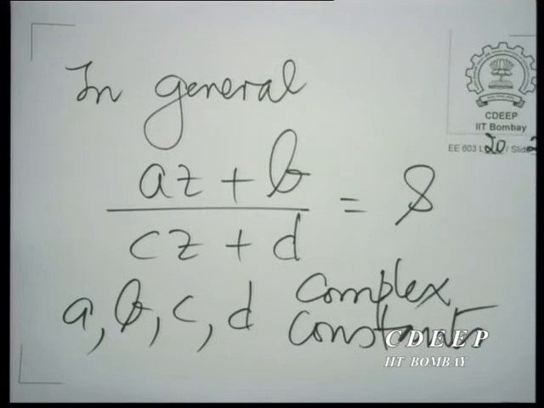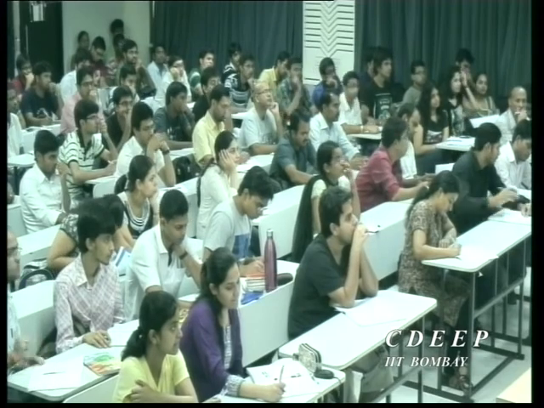For those of you who wish to gain more insight into this transformation, I would recommend looking at any standard text on complex analysis, perhaps a first level engineering mathematics text. In a reasonably comprehensive discussion on complex analysis, which is often a part of the syllabus of an engineering mathematics subject in the initial years, the bilinear transformation is described in depth. One of the important properties of a bilinear transformation is that it takes straight lines and circles to straight lines and circles. That is a property which is often pointed out in the context of bilinear transforms. And as you can see, this transform is no exception.